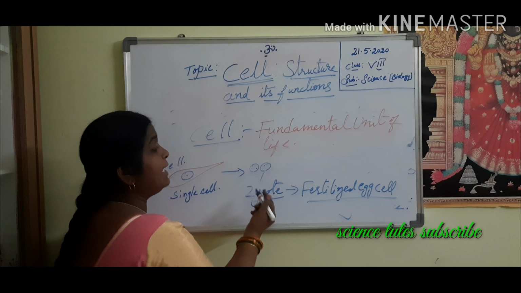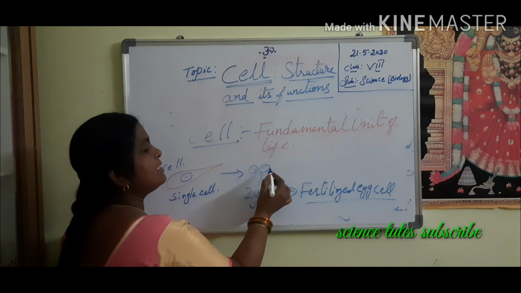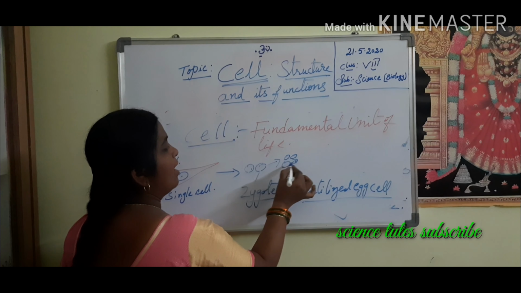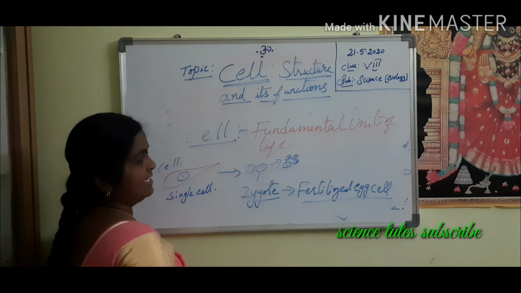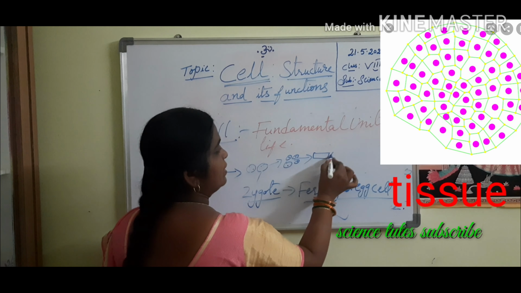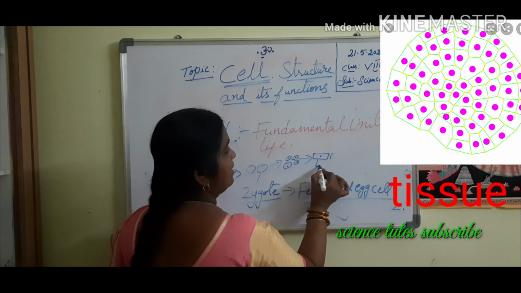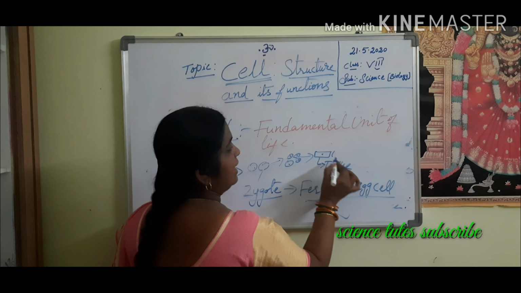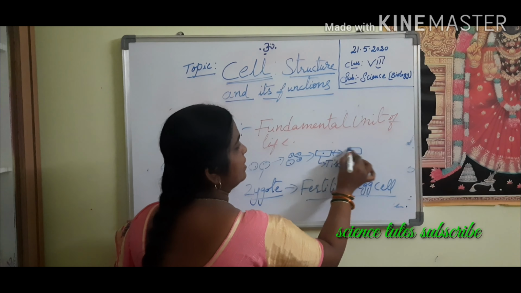The single cell multiplies into two cells, and two cells multiply into more cells. A group of cells together form a tissue.